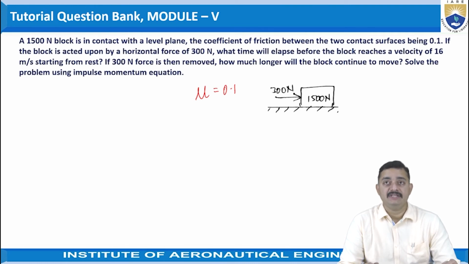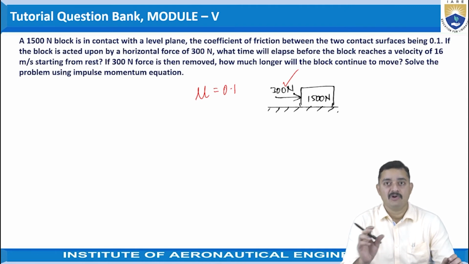Then, if the 300 Newton force is removed, that means once the block reaches 16 meters per second speed, then this 300 Newton force is removed. How much longer will the block continue to move? After the removal of the 300 Newton force, what happens? Because of the momentum, the block will continue to move.